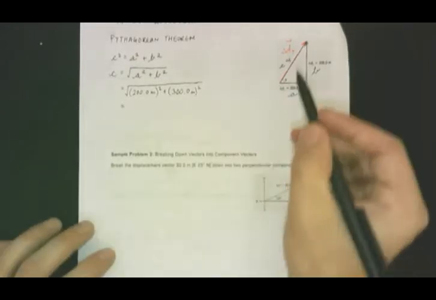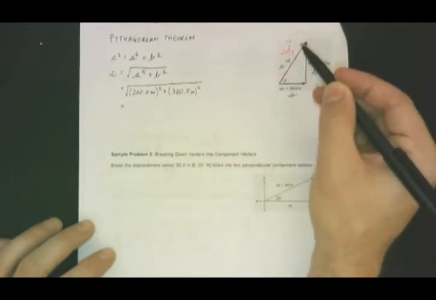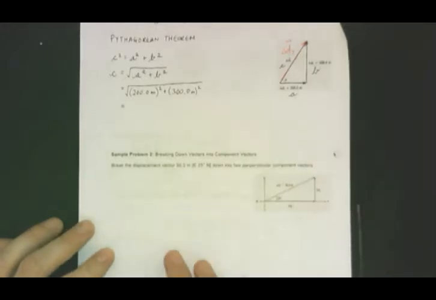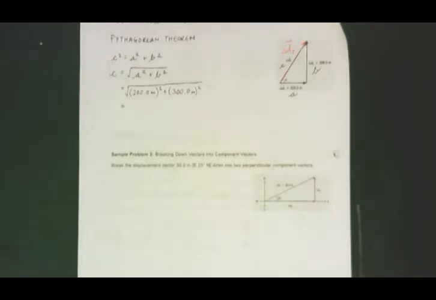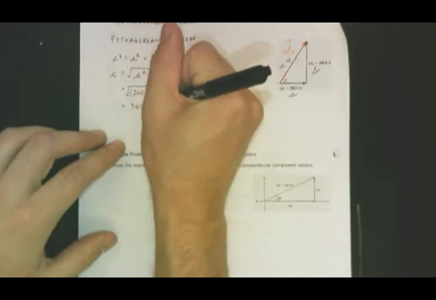So we've set up Pythagorean theorem to solve for the magnitude of the hypotenuse. We punch it into our calculator, and what do we get? 360.555. So to one decimal place, 360.6 meters.